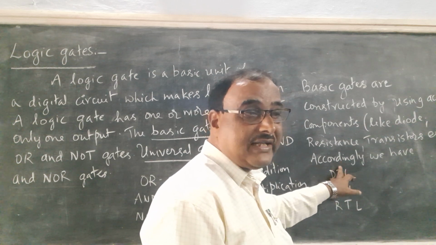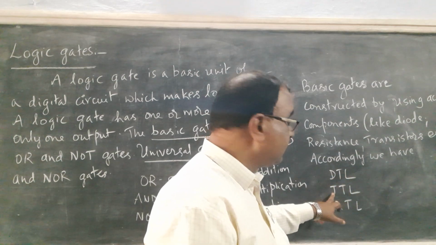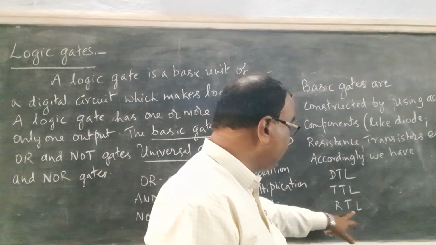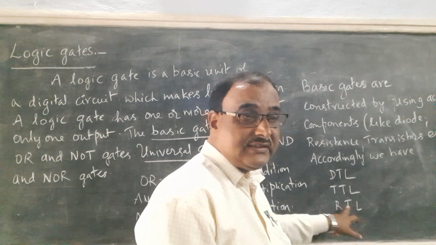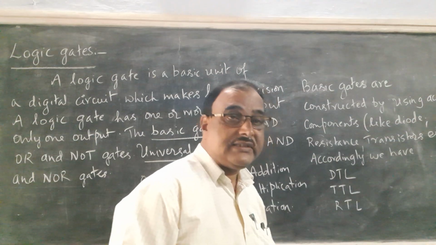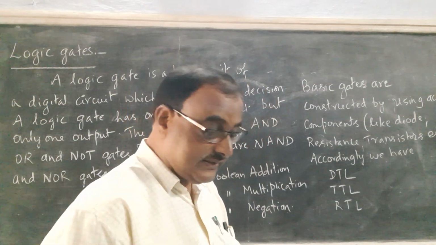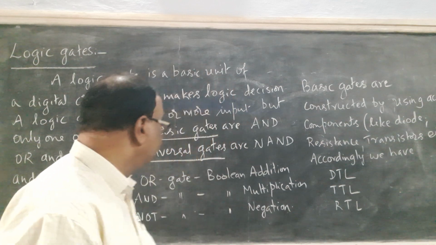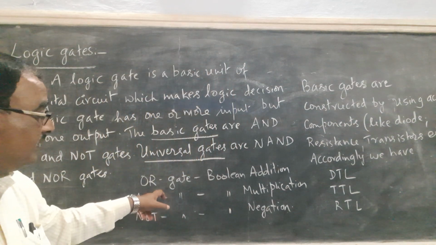DTL means diode transistor logic, TTL is transistor-transistor logic, and RTL, where R stands for resistance, is resistance transistor logic. So these are the different gate families which are involved.